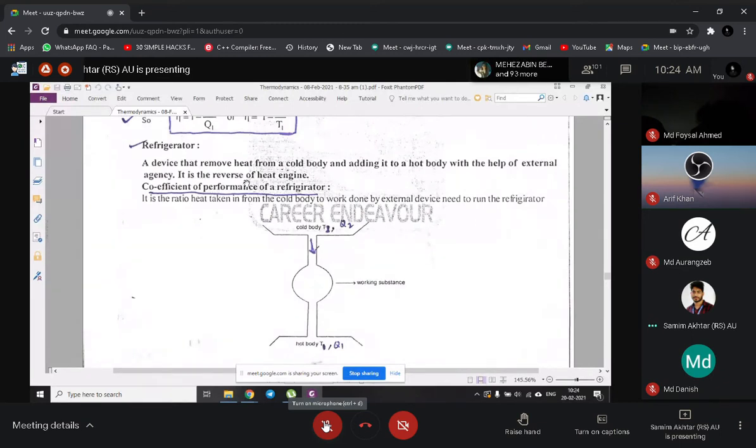It is the reverse of the heat engine. Heat engine works on the Carnot theorem, and the Carnot theorem states the real phenomena.